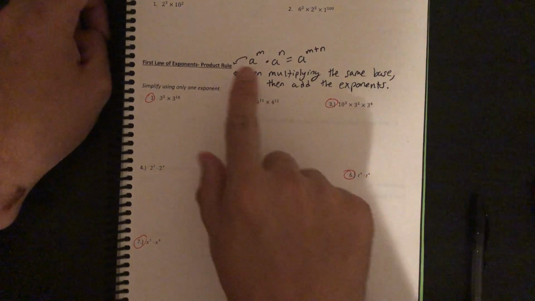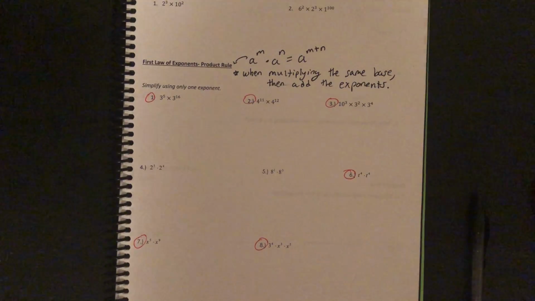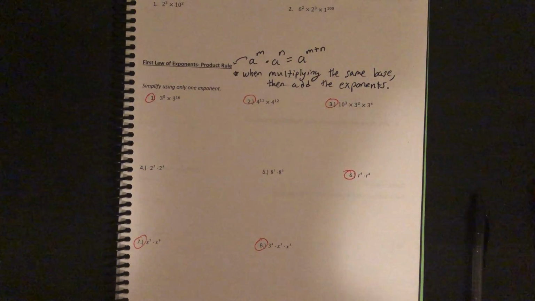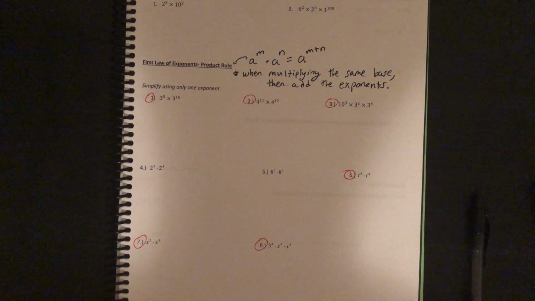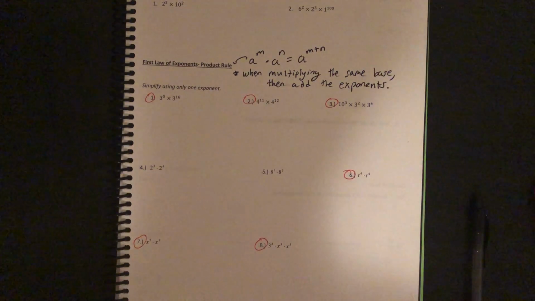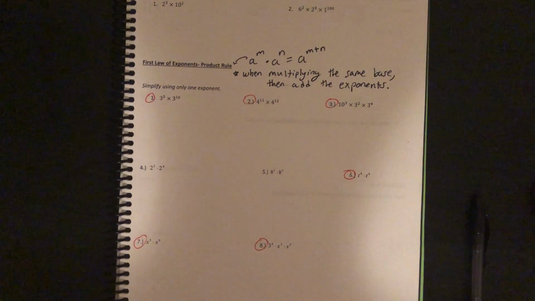Okay, so basically this little fancy expression or equation or mathematical statement, what it's saying is that if you're multiplying the same bases, then you can just add the exponents, so that way you don't have to worry about having to multiply all these other numbers and trying to get this final answer.